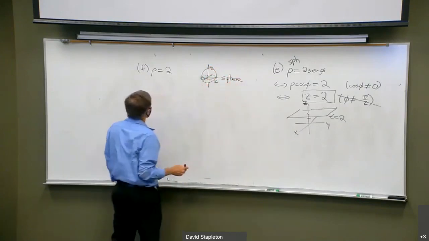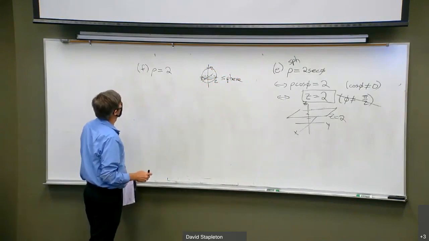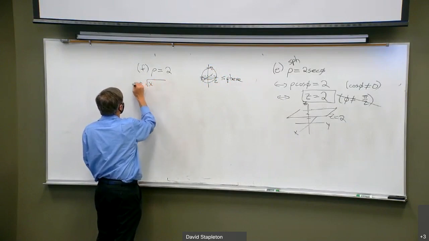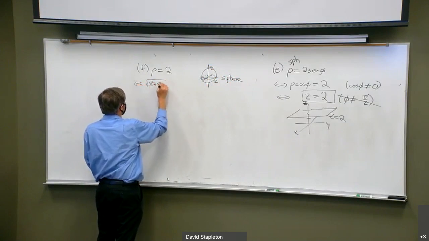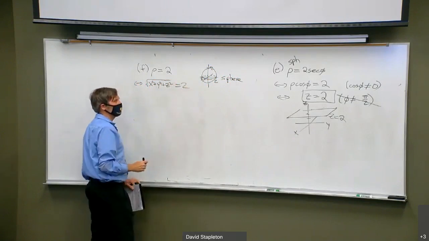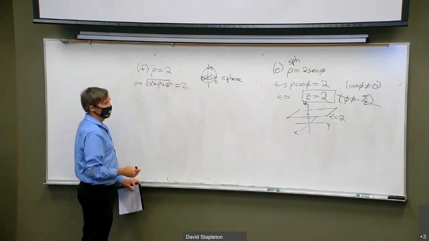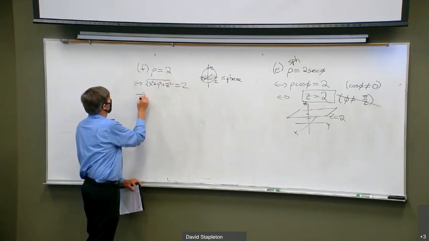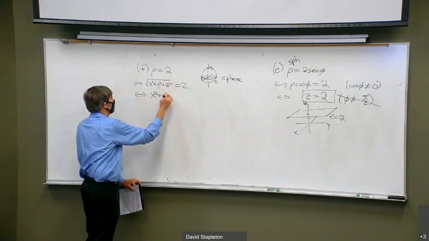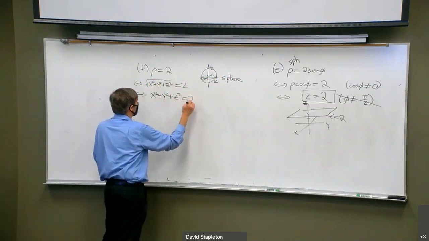If you want to convert it by equations, how do you do it? Oh, well, this is the square root of x squared plus y squared plus z squared by using those spherical equations, equals 2. That's fine, but the more conventional way in rectangular coordinates is to now square both sides and say x squared plus y squared plus z squared equals 2 squared.